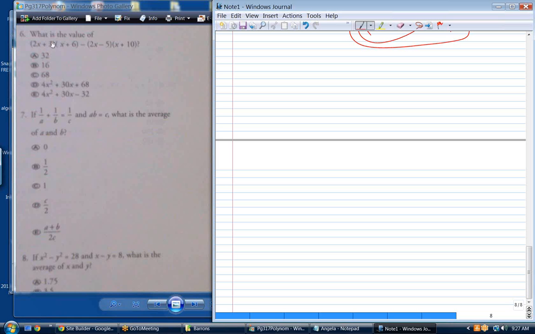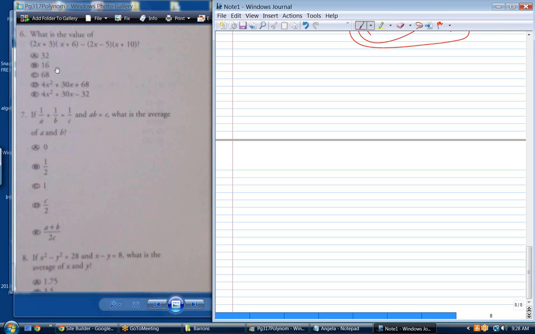I did notice something by quick glance. This is going to produce a 2x squared, and this is going to produce a 2x squared. So my final answer has to have no x squareds in it. So I have immediately eliminated D and E. Oh, okay. A, B, and C. Let's see if we can eliminate anything else.